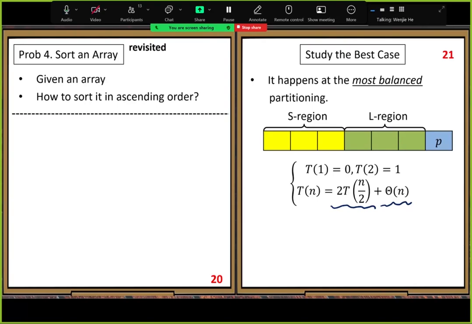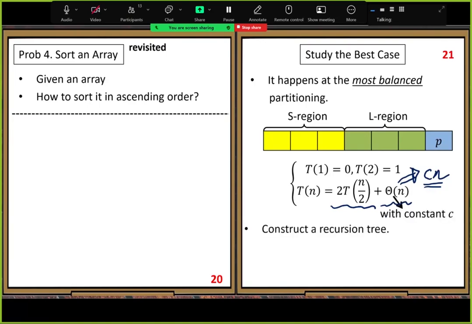So you need to replace this asymptotic notation by some constant c times n. Then you can do the normal computation.